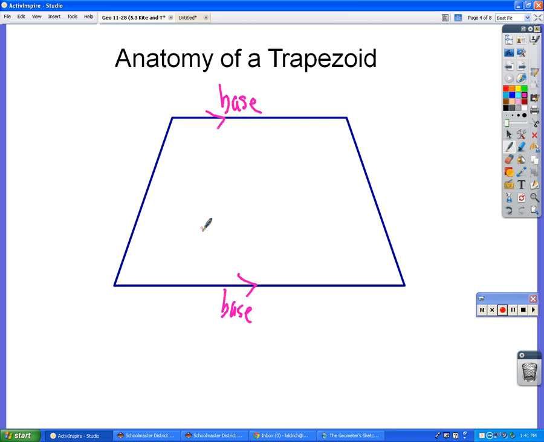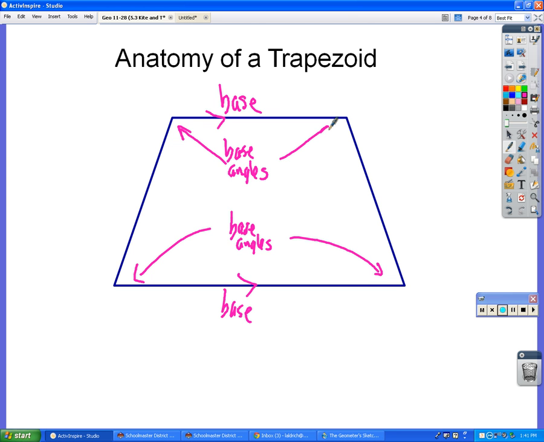And not surprisingly, hopefully, these things are called base angles. So those are a pair of base angles, and the ones on top are a pair of base angles also.